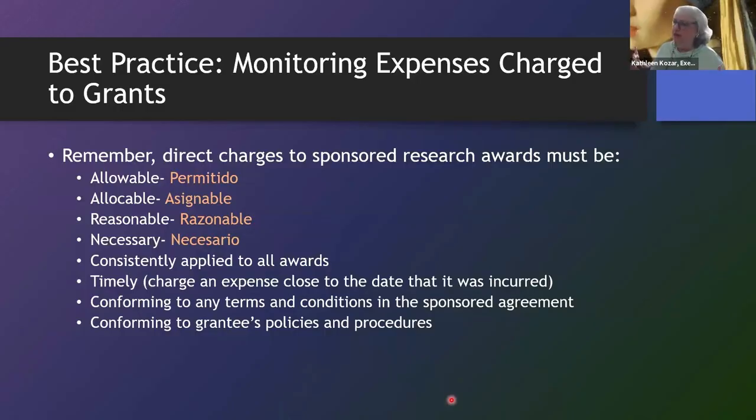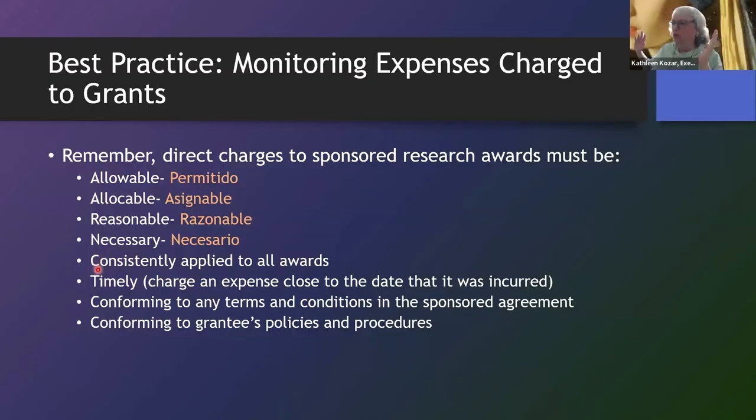The same thing applies now as you are about to spend your money. Any kind of charges to a grant account have to be allowable, allocable, reasonable, and necessary.